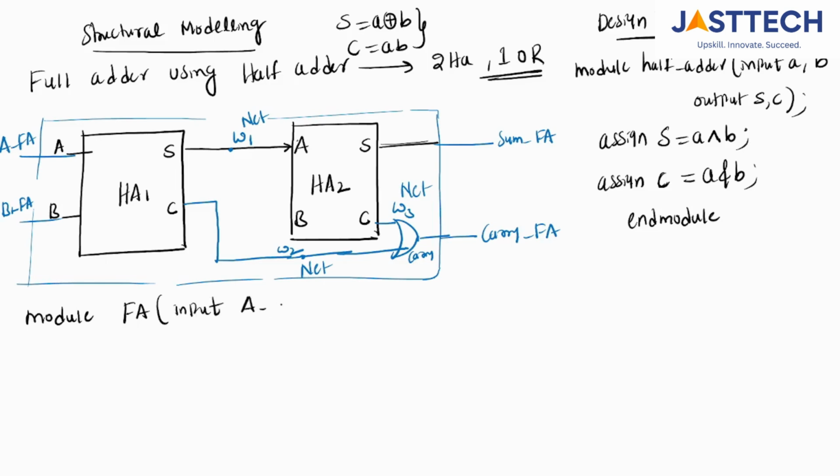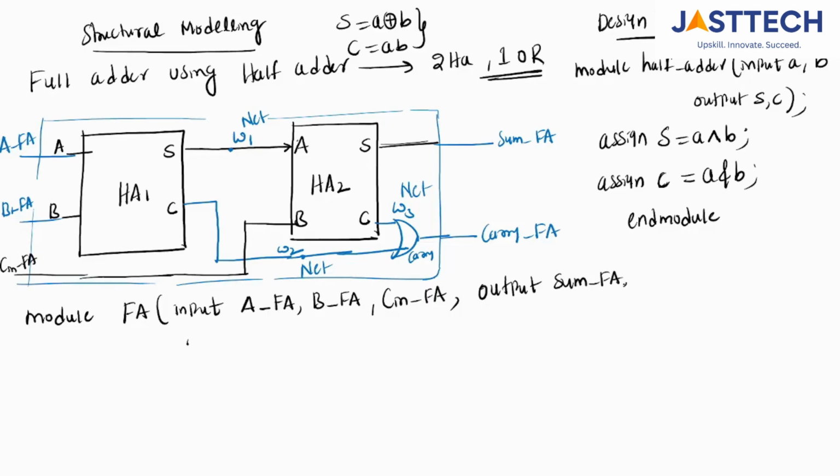A underscore fa, B underscore fa, and one more input, Cin underscore fa, which we are giving as input to this B. Output sum underscore fa and carry underscore fa.